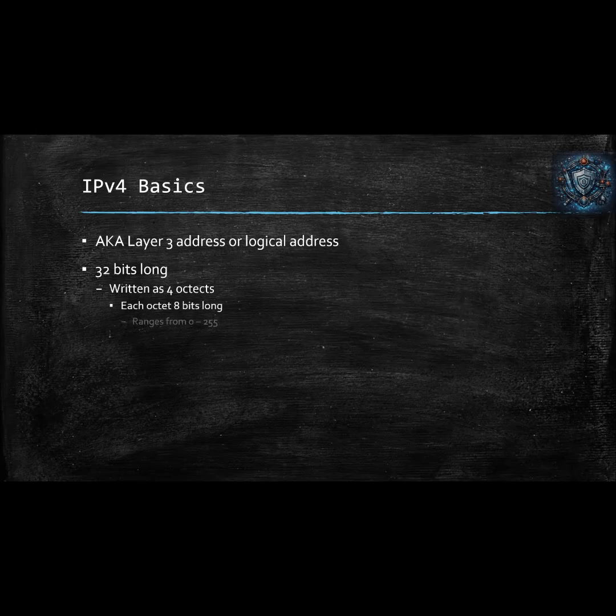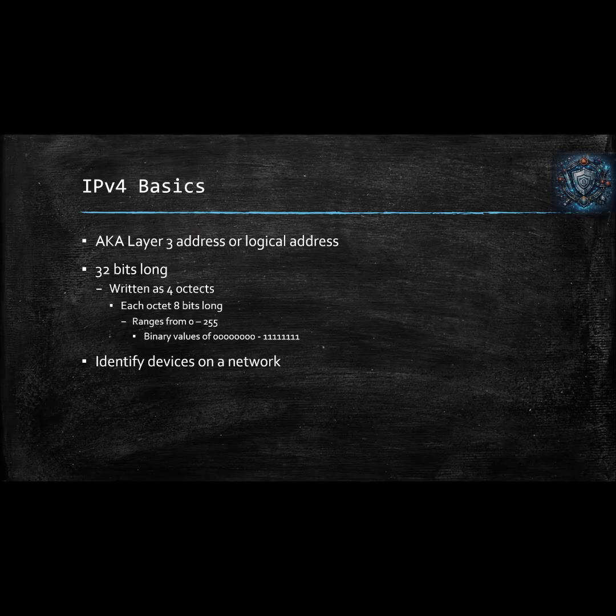Each octet is 8 bits long, and they can range from 0 to 255. So any one of those octets can be from 0 all the way up to 255, which encompasses binary values of all zeros all the way to all ones, and that's 8 binary values, 8 bits.